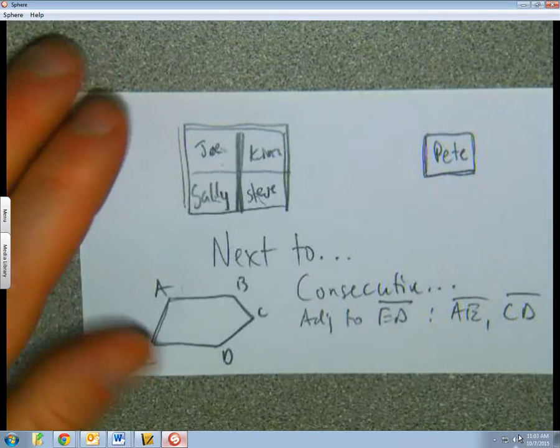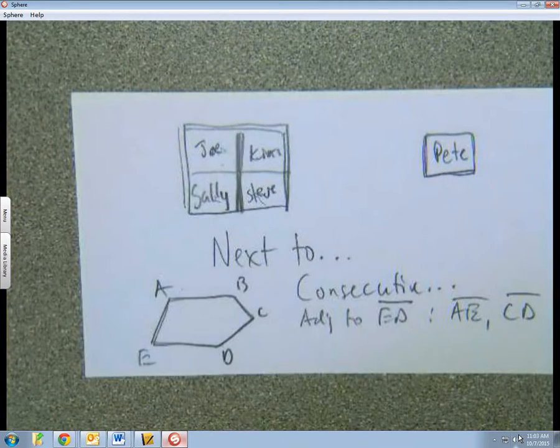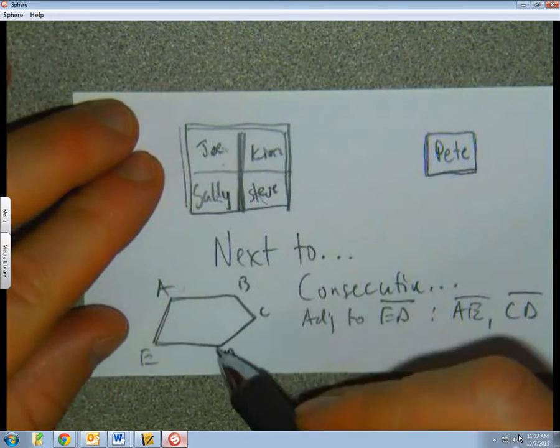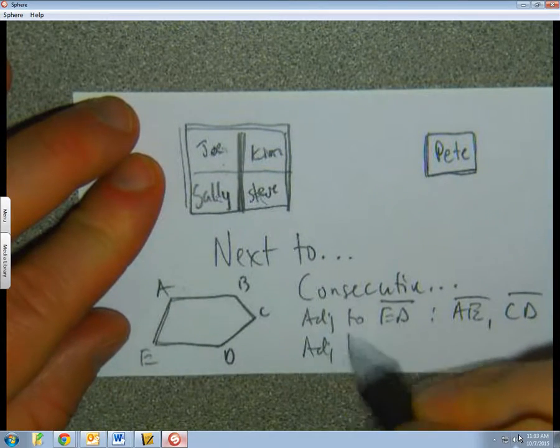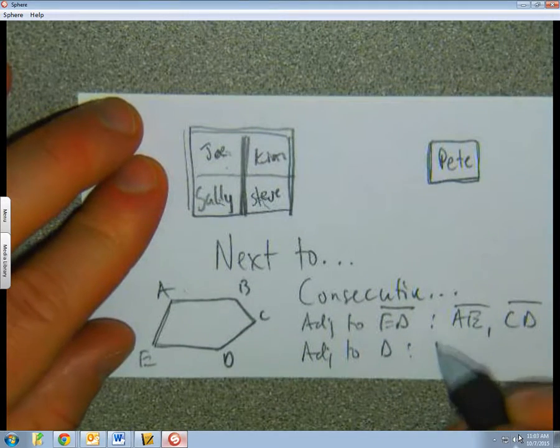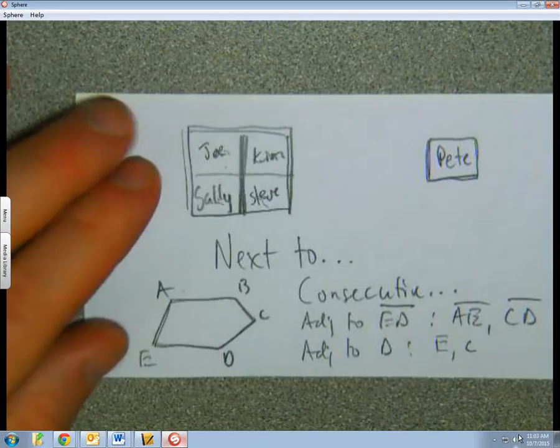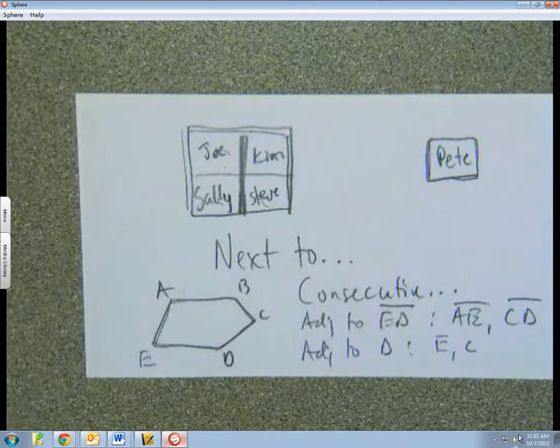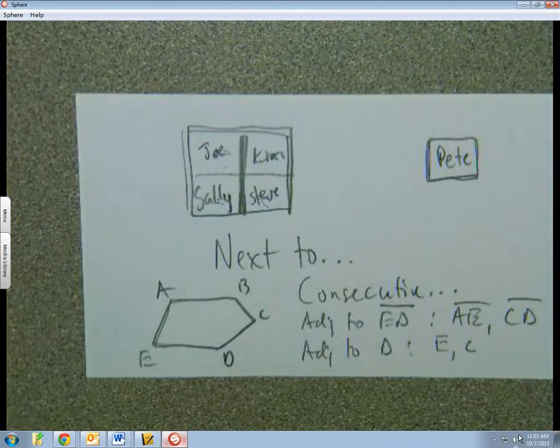And then let's say we said vertices adjacent to D, because we could do it that way too. So vertices adjacent to D would be E and C.